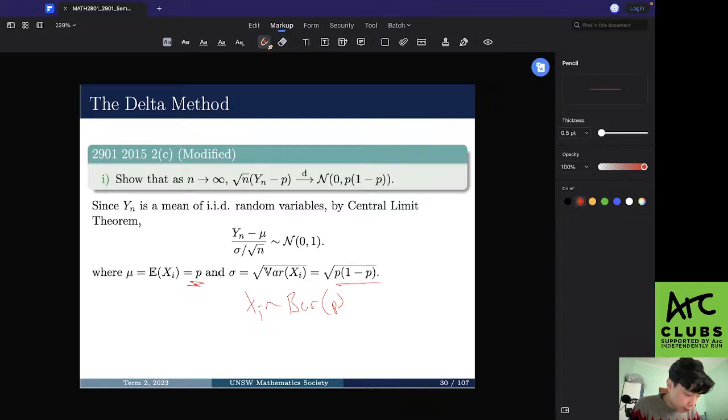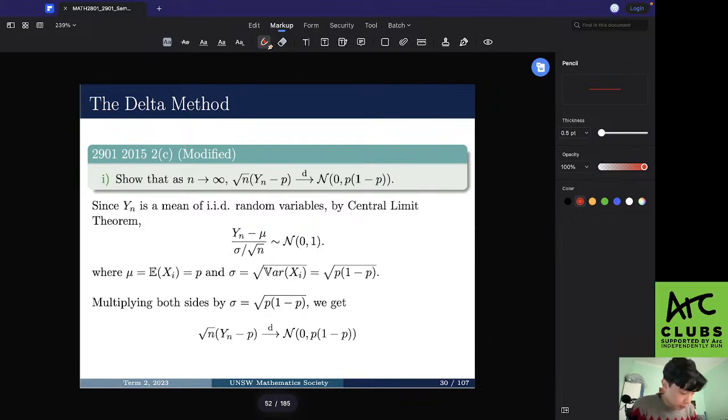And if we sub it into our equation right here, we get something like this, where we have Yn minus p over root p(1 minus p) over n.